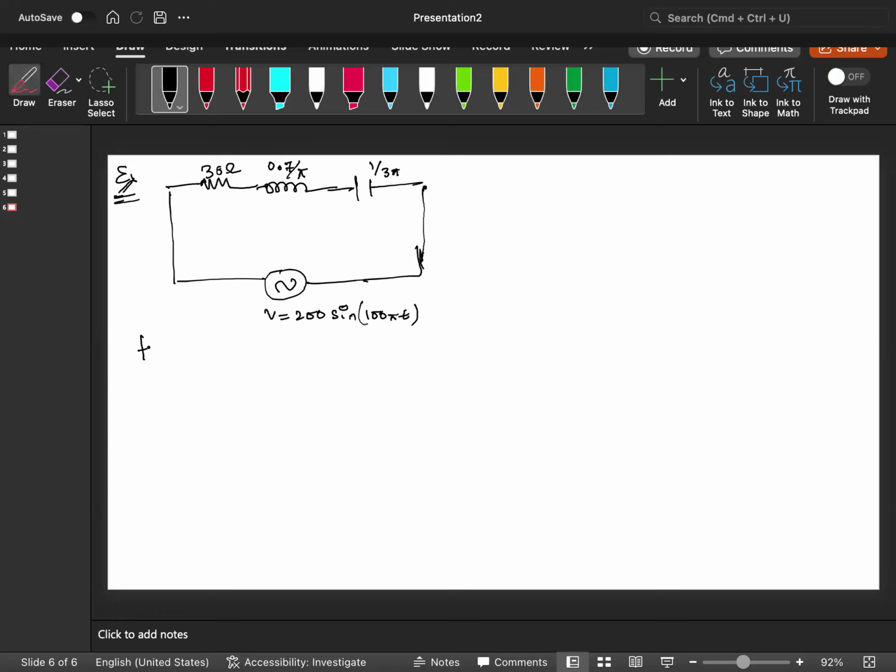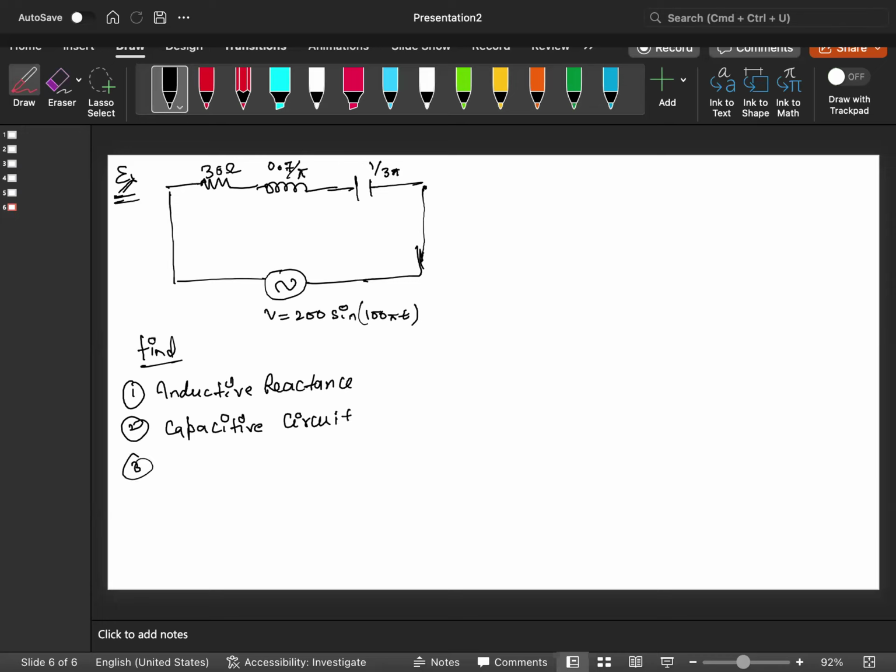Just find things in the sequence. First, inductive reactance. Second, capacitive reactance.